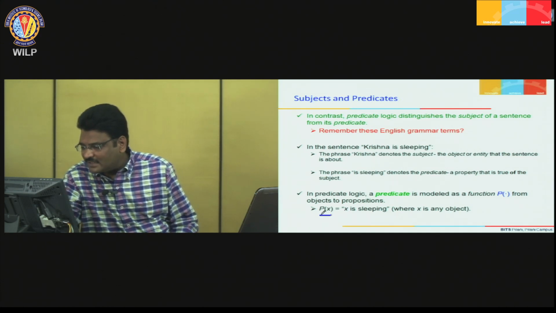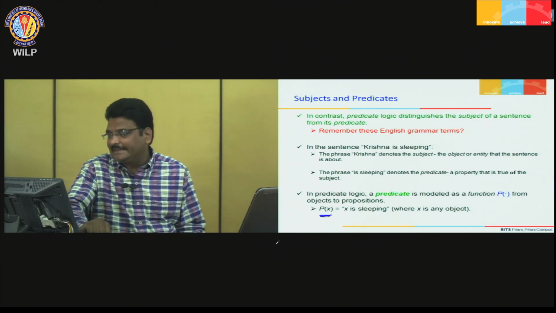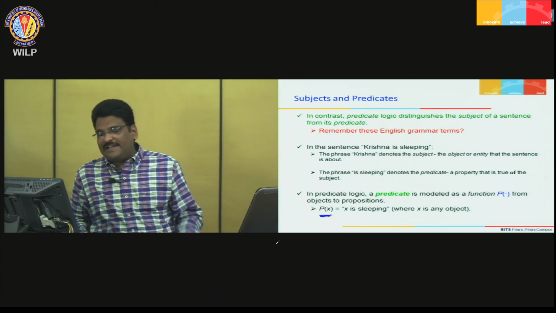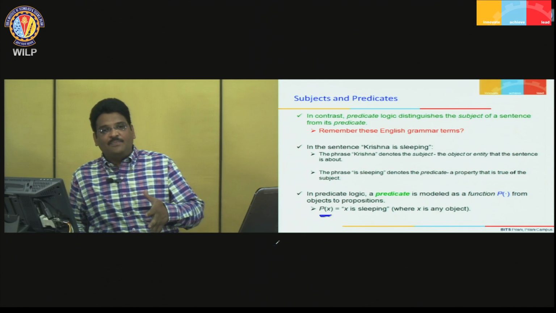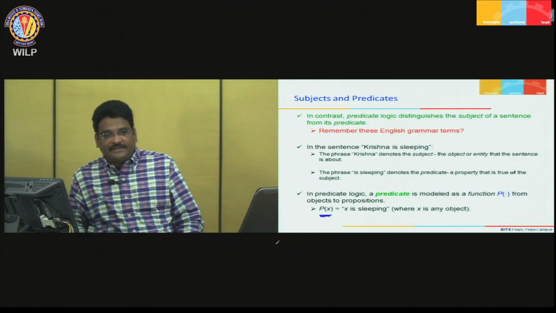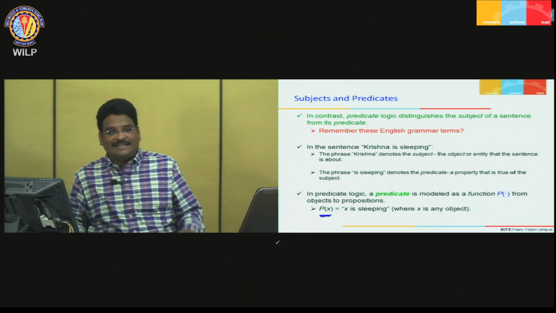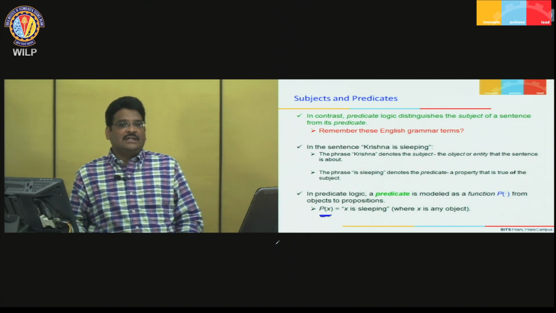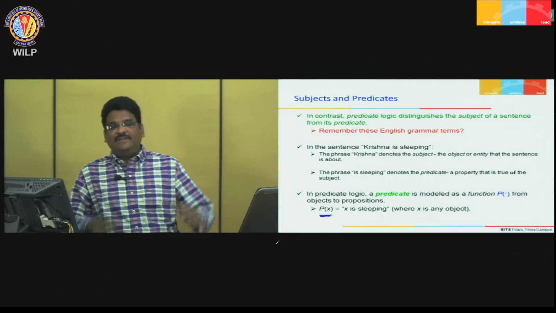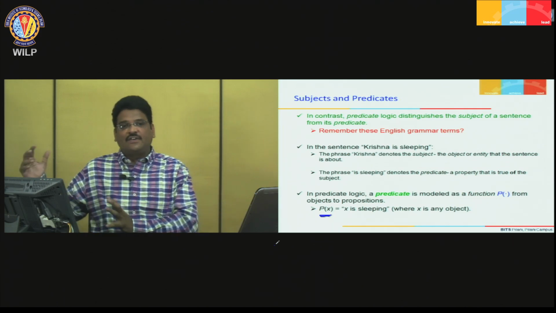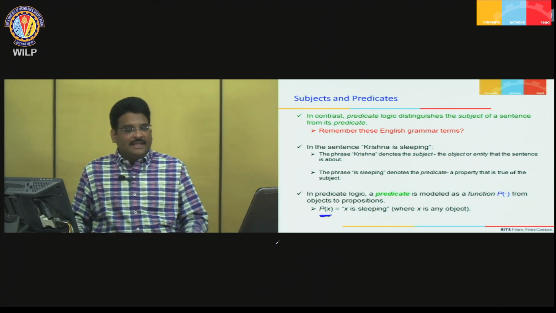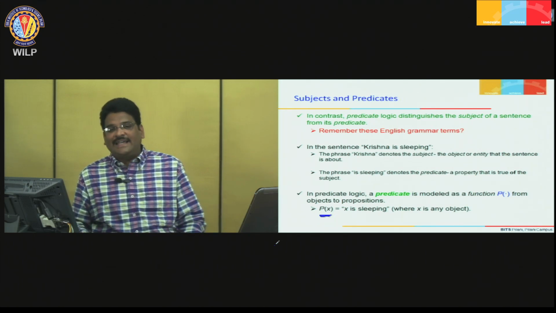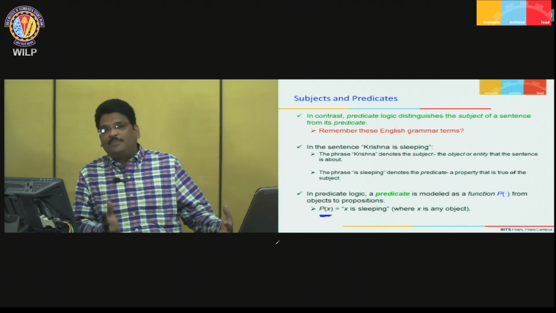So P(x) is what is called a predicate, and when I substitute in place of x any object, I will get a proposition out of it. Or otherwise you can see it like this. Basically, a predicate is a function between two things, between the actual objects and the set of propositions. In this example, when I say x is sleeping, what are the objects? I can consider all human beings as the objects.